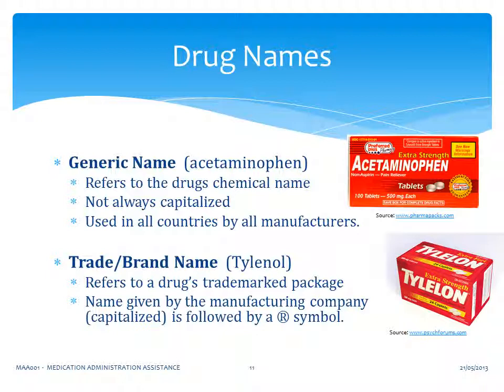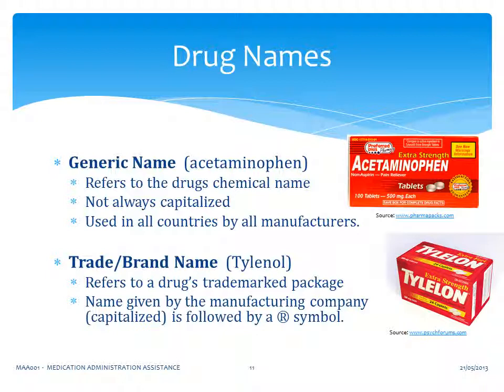So the example that we've given here is acetaminophen. Acetaminophen is the active ingredient in the medication that actually does the work in the body. The trade or brand name, Tylenol, is what the company who makes Tylenol decided to call their acetaminophen product.